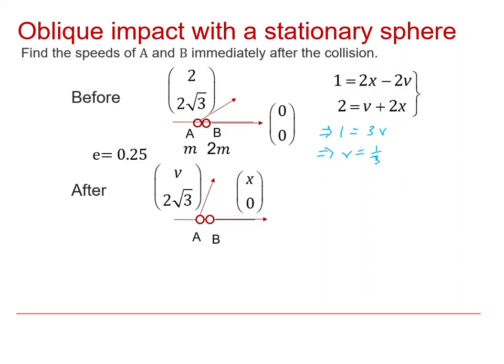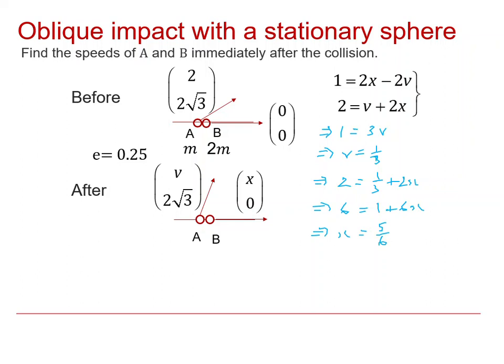That's a third. And so if we substitute that into the first equation, that will tell us that 2 is equal to 1/3 plus 2x. So if we multiply by 3, we get 6 is equal to 1 plus 6x. So clearly from that, x is equal to 5/6.